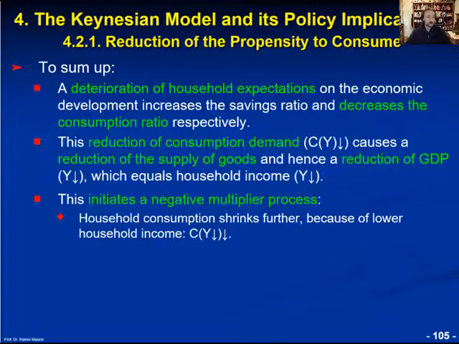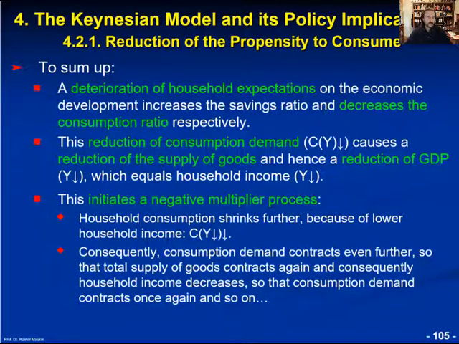Household income shrinks further because of lower household income. And consequently, consumption demand contracts even further, so that total supply of goods contracts again, and consequently household income decreases again, so that consumption demand contracts once again, and so on and so on.